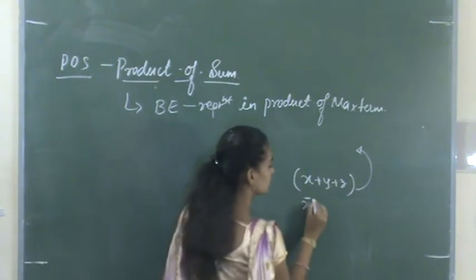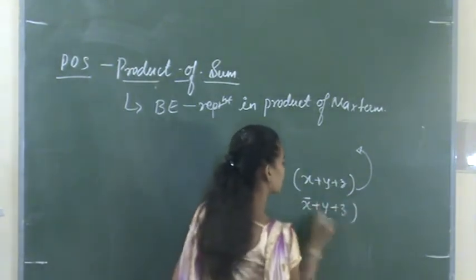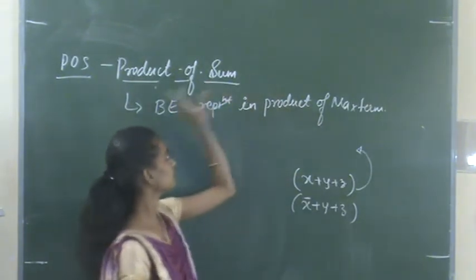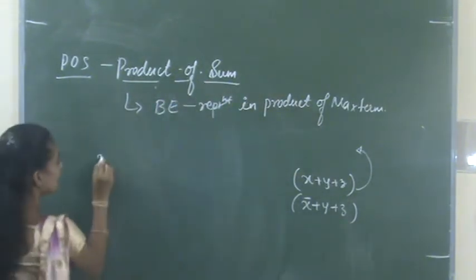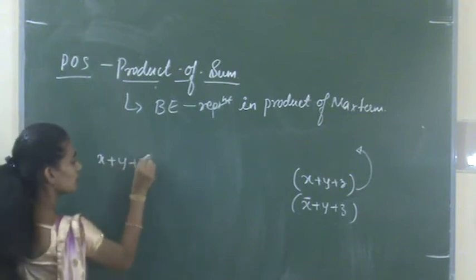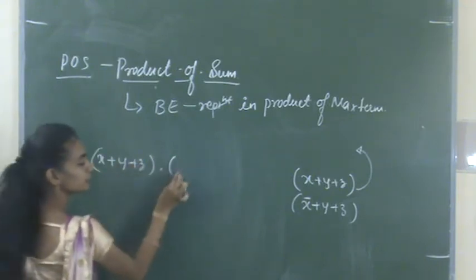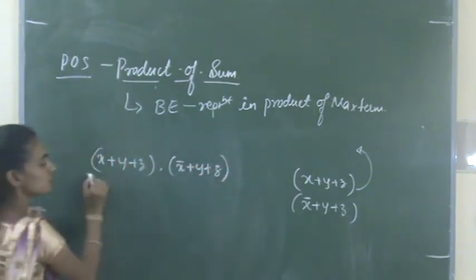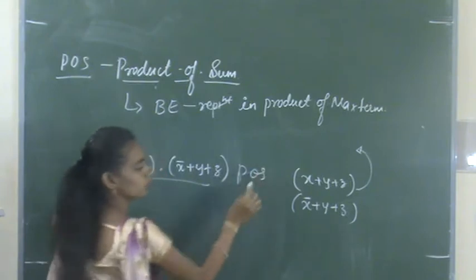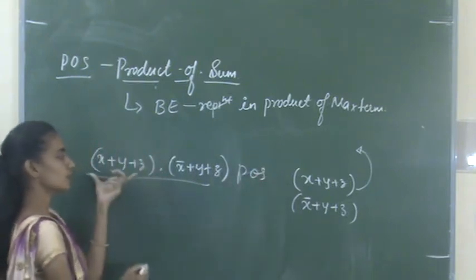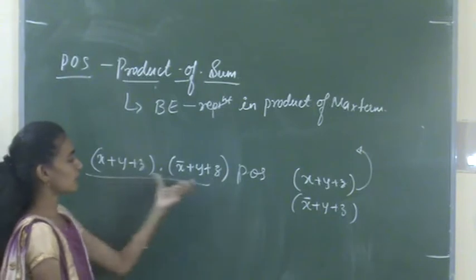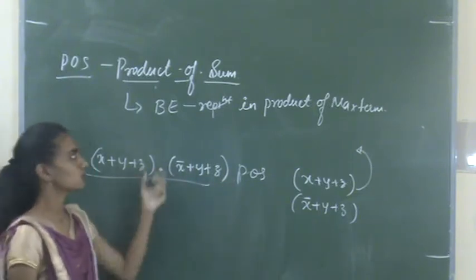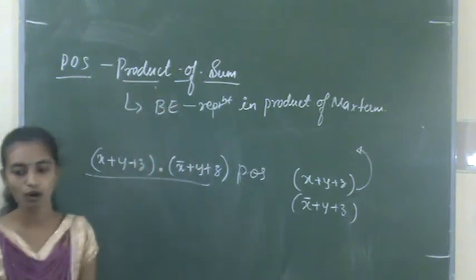If we have these two max terms, how do we represent them in POS? x plus y plus z into x bar plus y plus z. So this we call a POS, product of sum. So we have different sums that will be multiplied. That we call a product of sum.